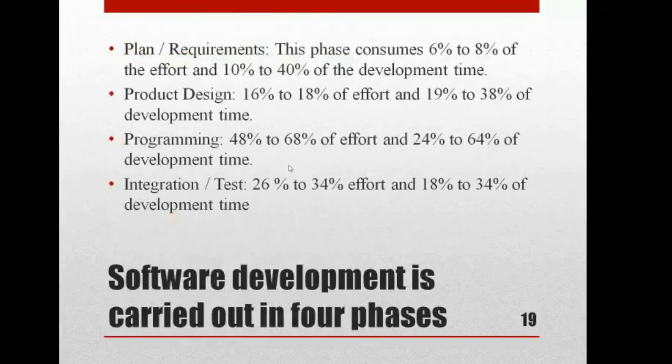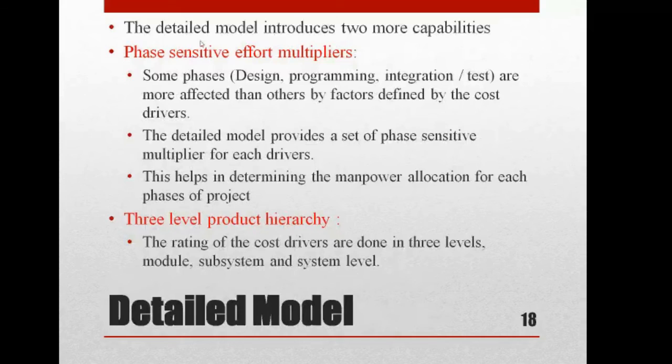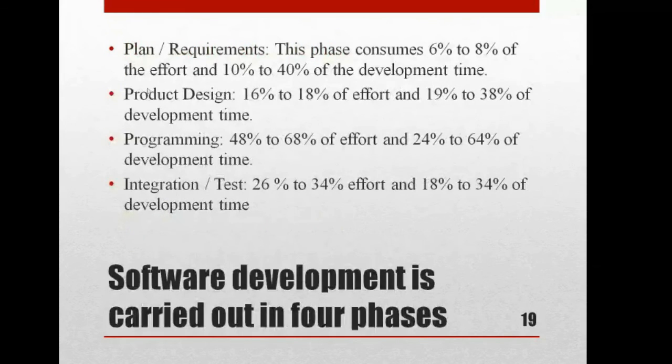As I already mentioned, the phase sensitive effort multipliers, right? In the plan or requirement phase, this phase consumes 6 to 8% of the effort. You calculate the effort with the help of the formula, and from that you can divide, that is, 6% to 8% of the effort can be taken for the planning or requirement phase. And 10 to 40% for the development time.